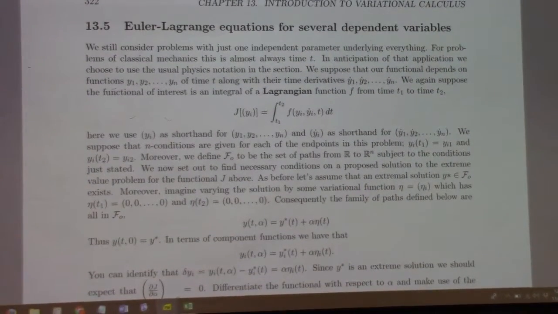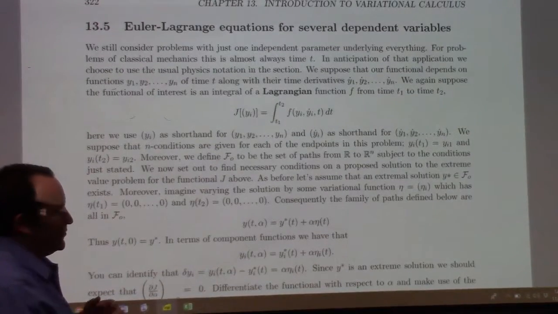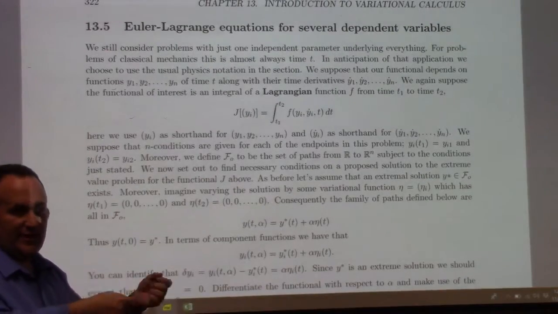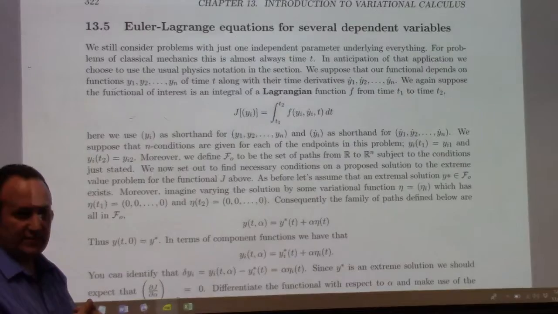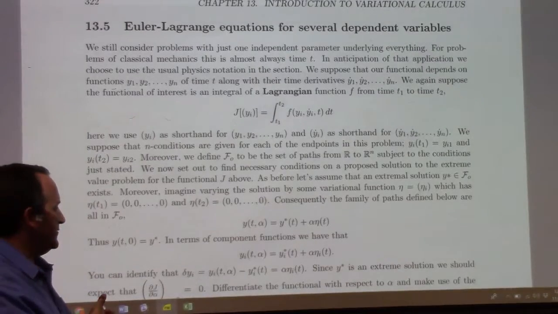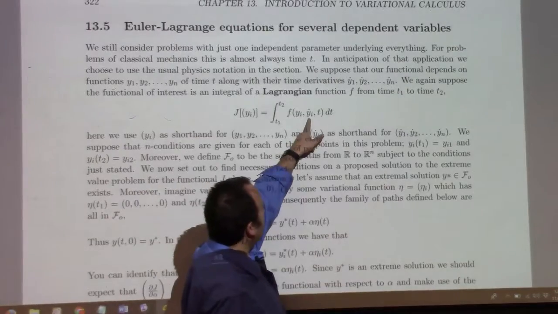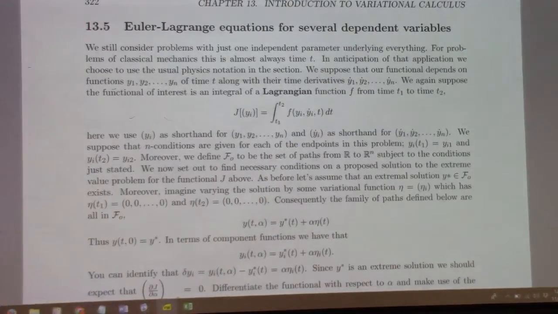Now, next step up the chain is you can look at when your action is based on more than one dependent variable. Instead of just having y and y prime, we can have x and y and z and their time derivatives, let's say. And in this world, we tend to use dots for time derivatives. So this is like the time derivative of the velocity, of the y coordinate.